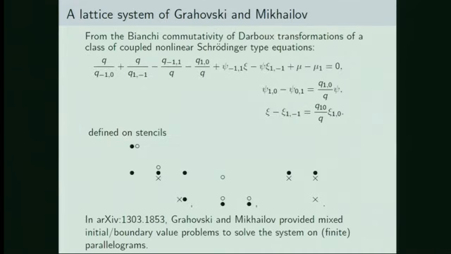And here is the example that Sasha pointed me to. Here is the system, but don't look at the system, just look at these stencils. There's 3 equations, 3 fields, and the equations do relate those particular points on the lattice. And actually, they had a different kind of initial or boundary value problem.